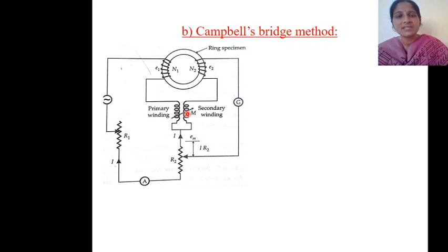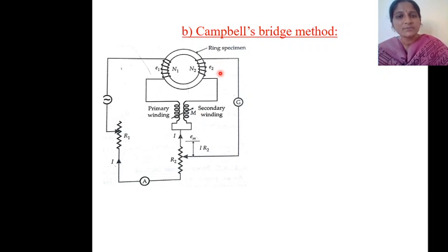Now the bridge becomes balanced, that means there is no current in the galvanometer, only when, if you apply KVL in this loop, IR2 is equal to the sum of the voltages across the secondary winding and E2. So IR2 is equal to EM plus E2.